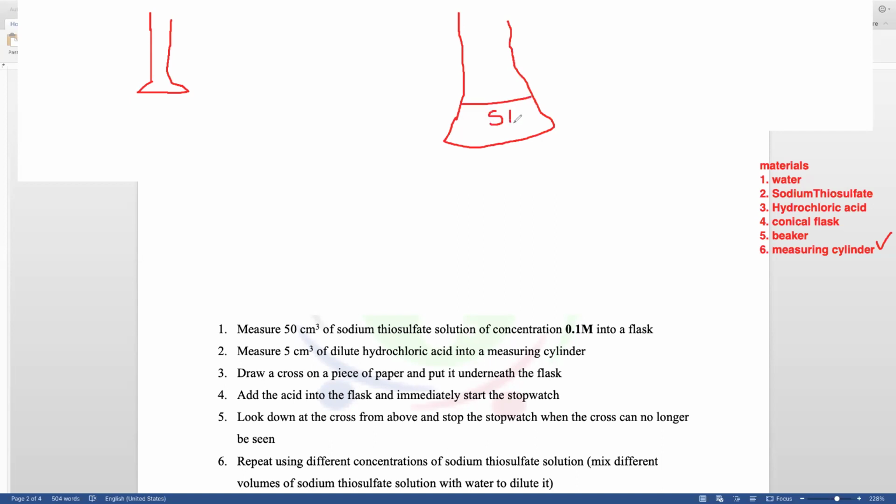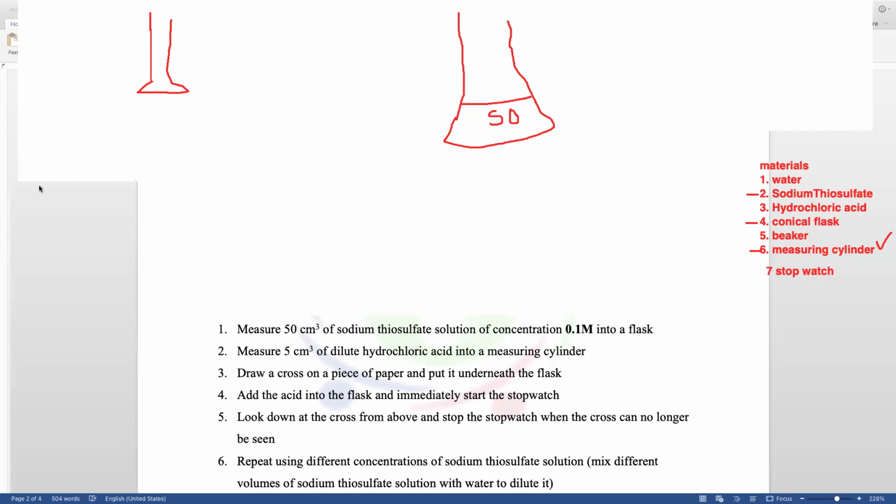At this point, we have just used the measuring cylinder. We've measured sodium thiosulfate, and we've poured it into a conical flask. These are the only 3 things that we've used. Of course, you need a stopwatch. I just forgot to include that. You need the 7th one, which is the stopwatch to measure the time.